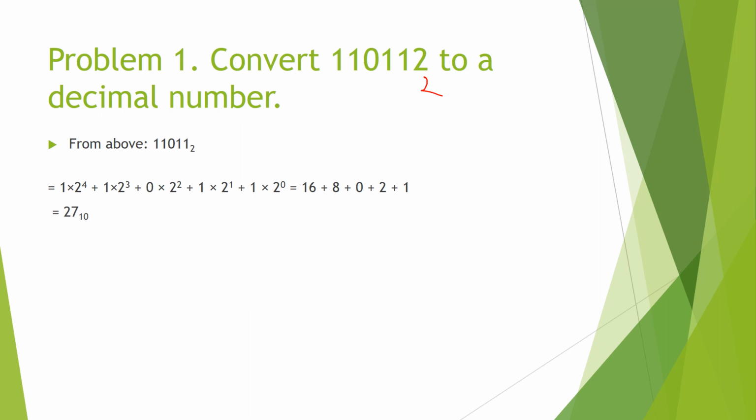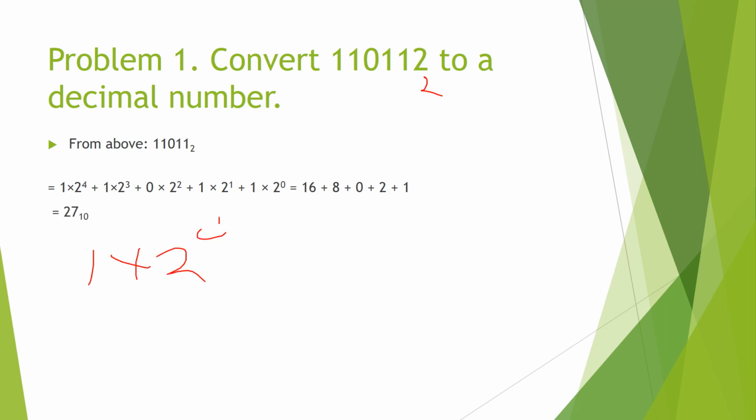But in this case our base is not 10, it is going to be 2. So the first one is 1 multiplied by 2 raised to power 4, and 2 raised to power 4 is 16.